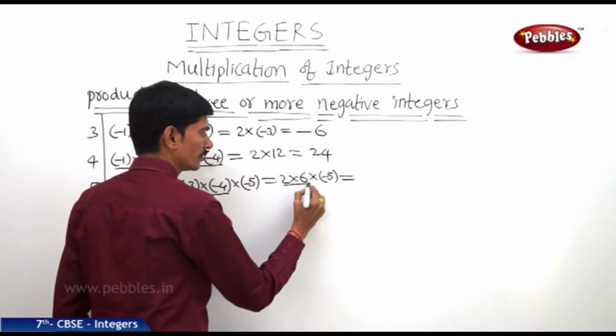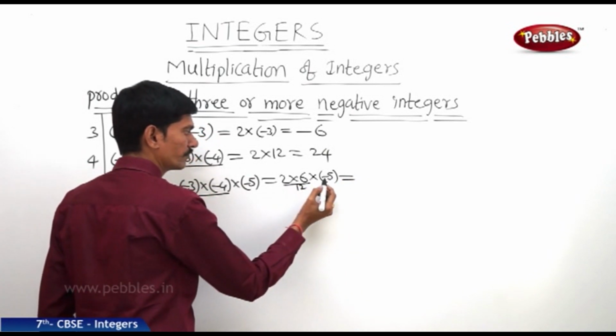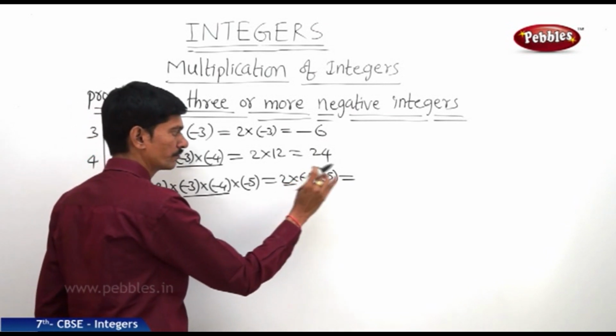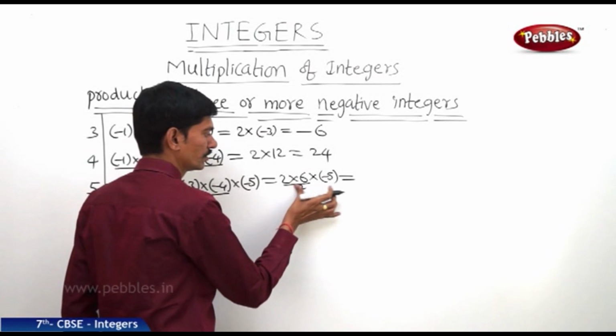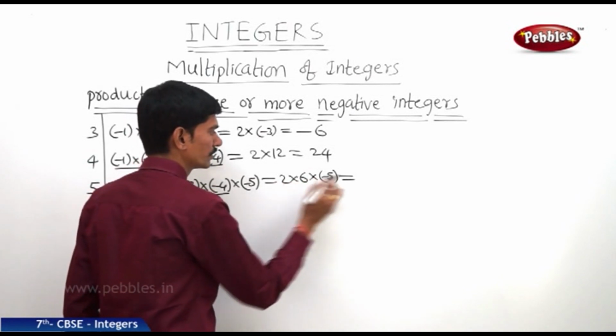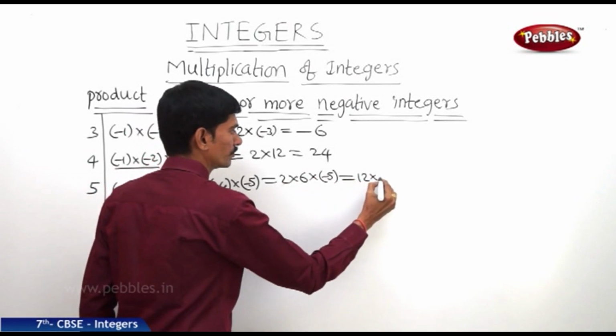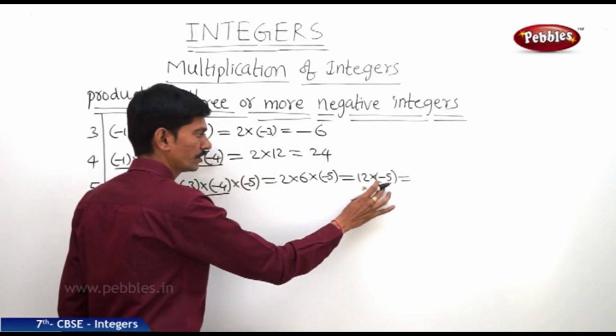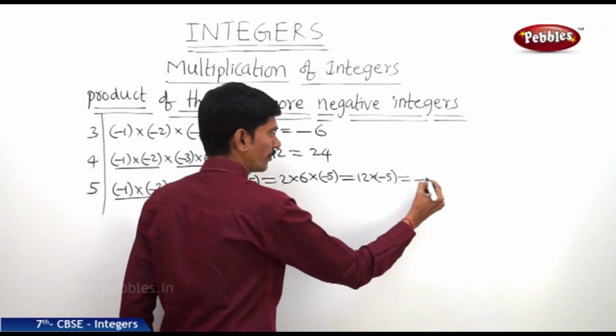So this is a positive 12 with a negative sign. When you multiply a positive integer with a negative integer, we get a negative integer, so 12 into -5 equals -60.